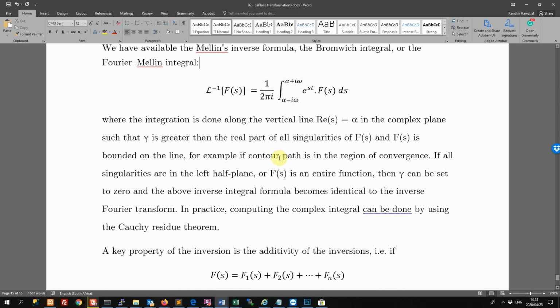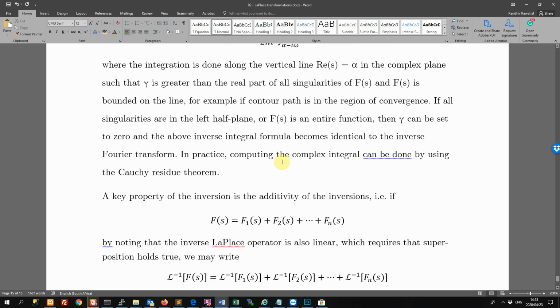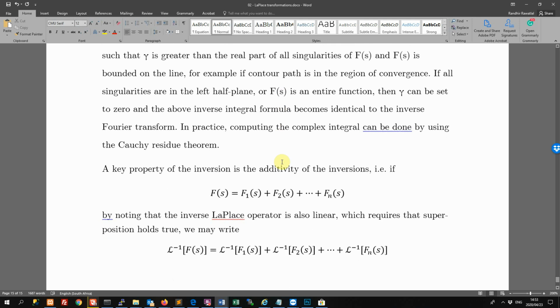That's an inversion formula. And a tremendously useful property of this is if you have an S function which can be expressed as a sum of S functions, then the inverse transform of that original function is the sum of the inverse functions, right?